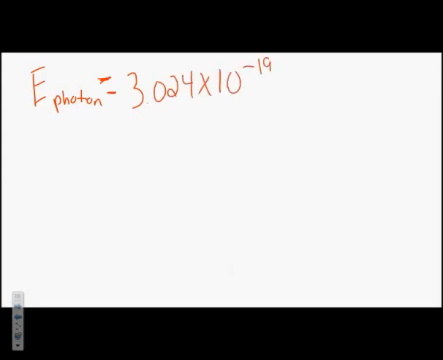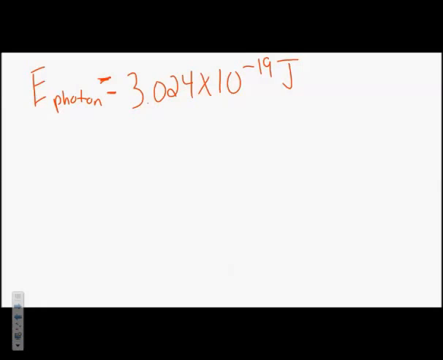Okay, so if you do that out, you get an energy for the E photon in joules, which is equal to 3.024 times 10 to the negative 19 joules. Okay, so now we found the joules. And why do we do that? Well, the question is looking for the frequency and the color.